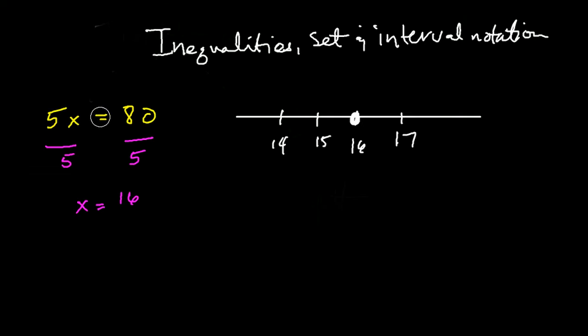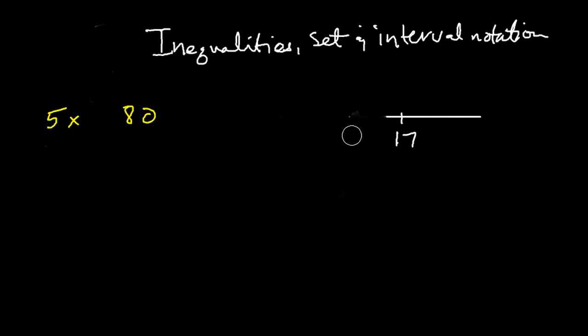Instead of having this symbol right here, instead of saying 5x is equal to 80, what changes if we say 5x is now not equal to, but instead less than 80?